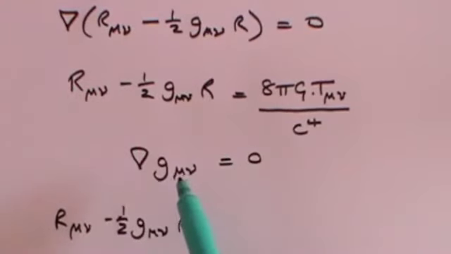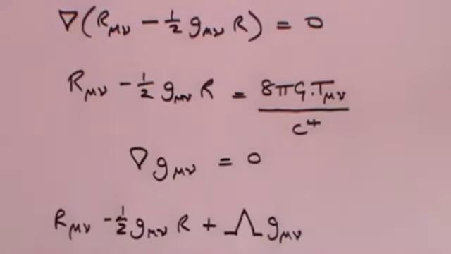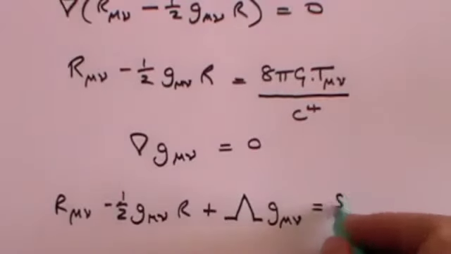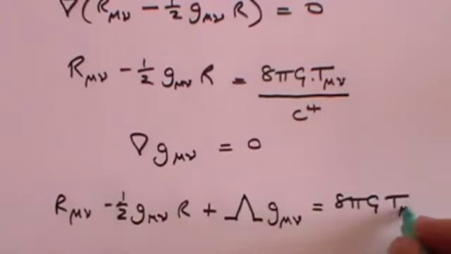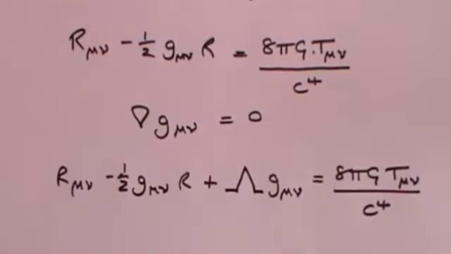And now you need to include the fact that you could have had a metric tensor term in here. So we'll add it, and we will have a constant which we'll call capital lambda multiplied by the metric tensor, and that equals 8 pi G T mu nu divided by c to the 4th. This part, you'll remember, was the Einstein tensor G mu nu.